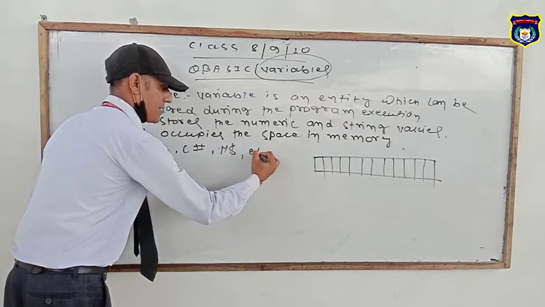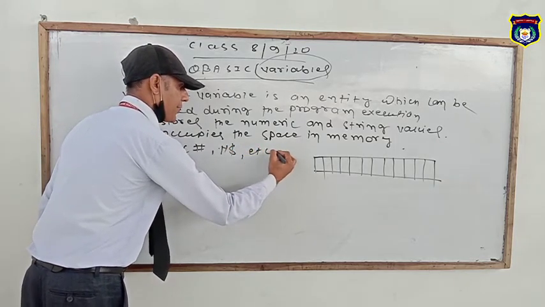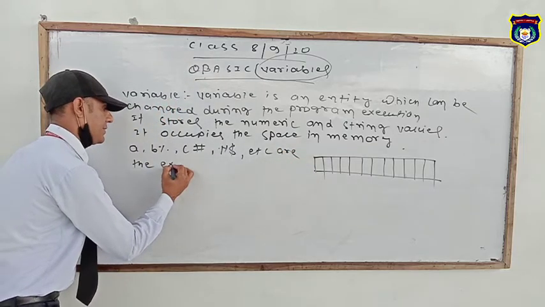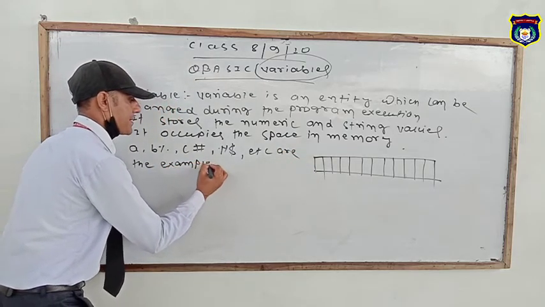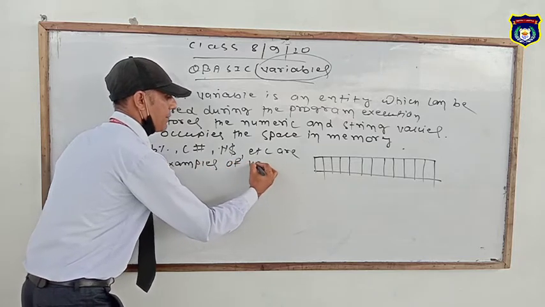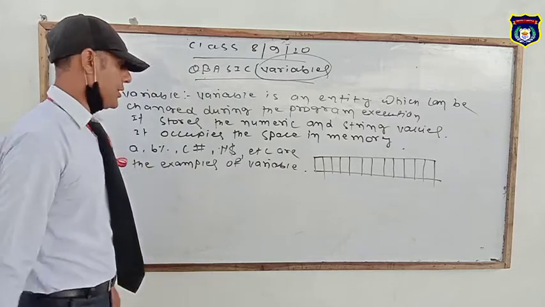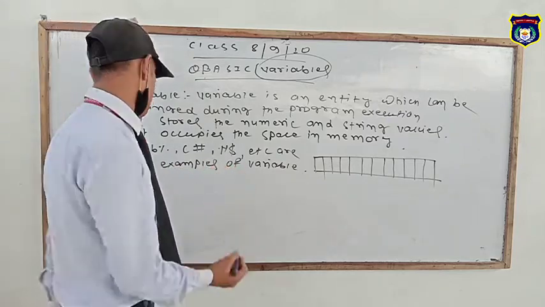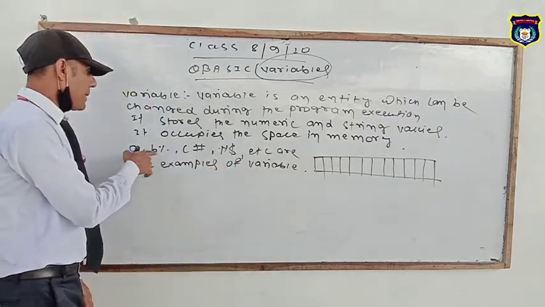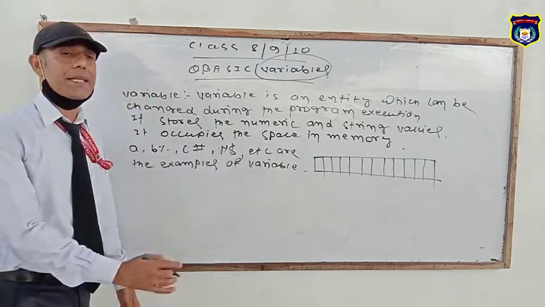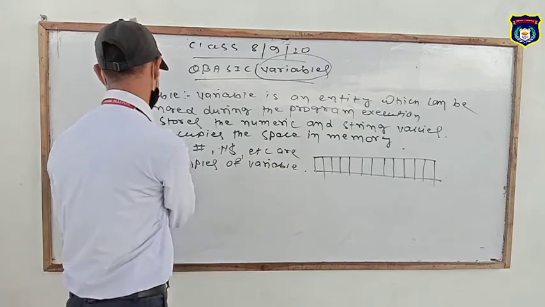These all are examples of variables. When you work on the programming language, you have to declare different types of variables. A is also a variable, B percent also a variable, C has also a variable. That means different categories of variables are used here.